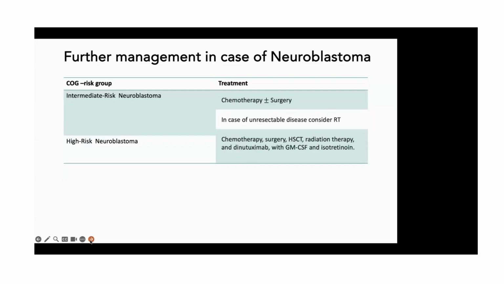But as you see here, in the intermediate or high-risk group, there is no watch and wait strategy. Especially in high-risk neuroblastoma, the treatment is really very intense and includes chemo, surgery, transplantation, radiotherapy, and immunotherapy.